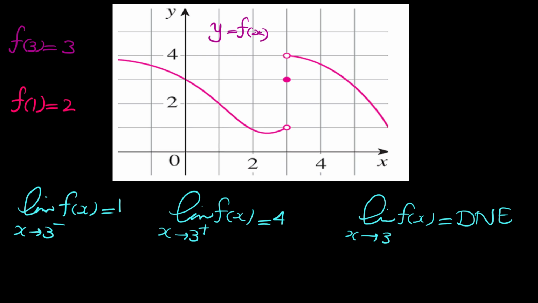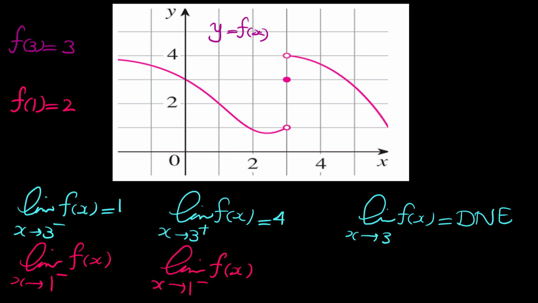Now let's see what we have for the limit of the function when x approaches 1 from the left, the limit when x approaches 1 from the right, and the limit when x approaches 1 from both sides. When x approaches 1 from the left, 1 is here. Follow the curve and move toward 1.